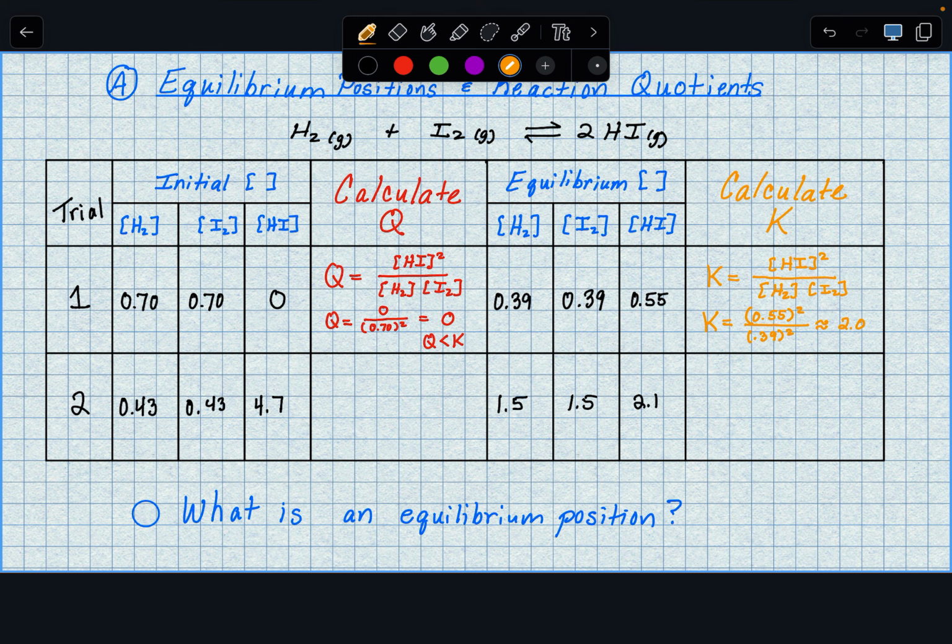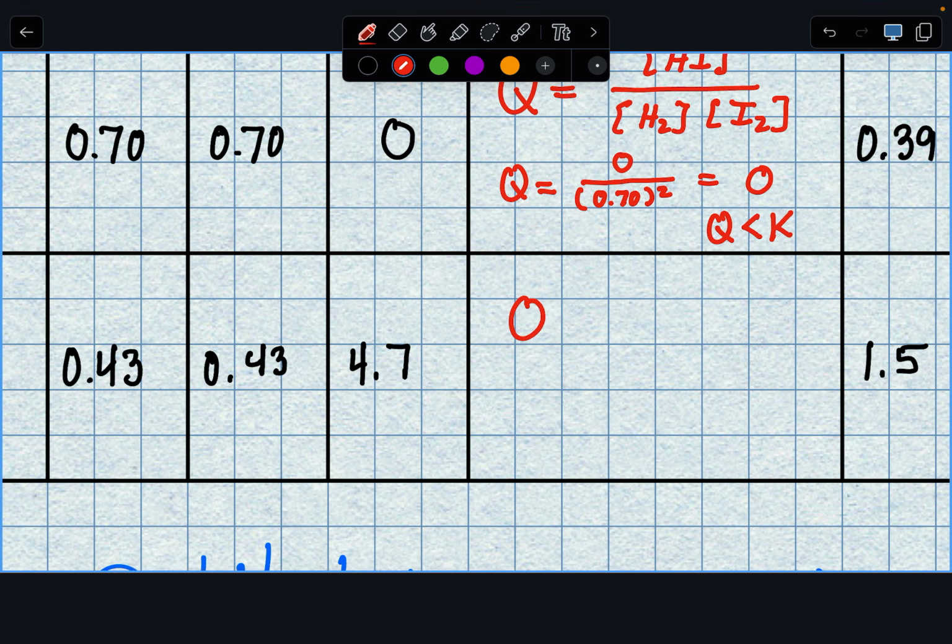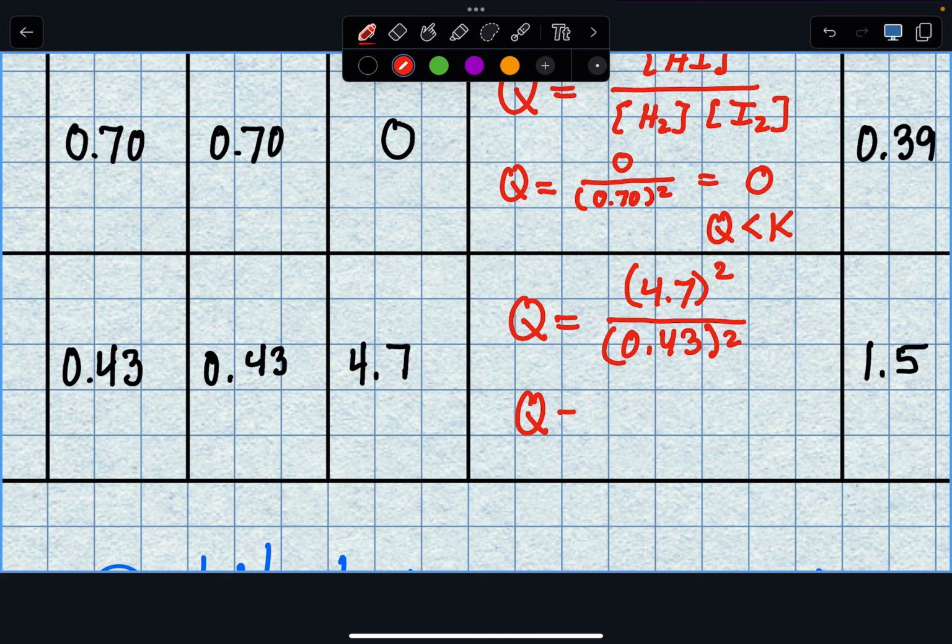And that's where this reaction's equilibrium constant value lies. All right, so let's go to this next one. You'll notice that this is a little different. We have concentrations of all of our reactants and products to start with. So let's calculate our Q. I'm going to put the numbers in right away since we have the expression above. So it's 4.7 squared in the numerator, and then 0.43 times 0.43, so we'll just say that's squared.